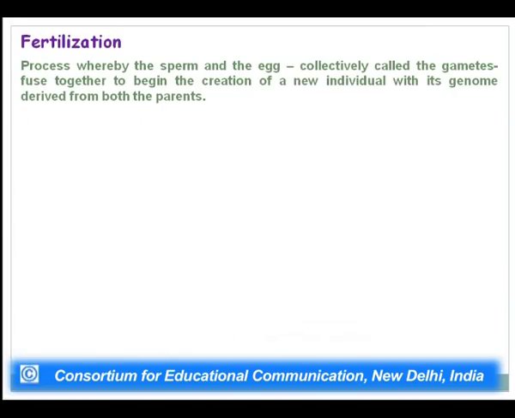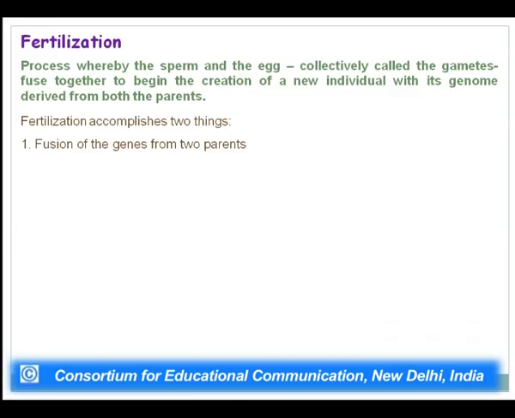So fertilization is a process whereby the sperm and the egg, collectively called the gametes, fuse together to begin the creation of a new individual with its genome derived from both the parents. In the accomplishment of this process of fertilization, there are primarily two outcomes. One is that the fusion of the genes from the two parents takes place.